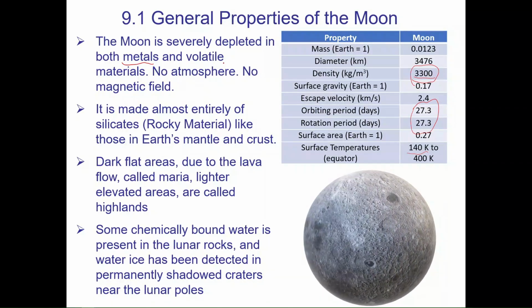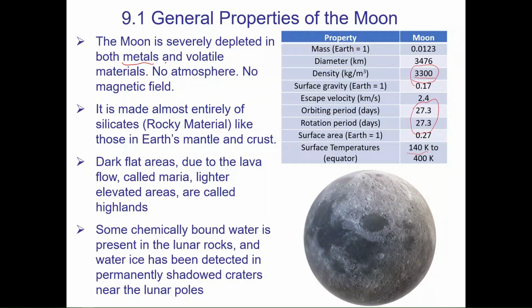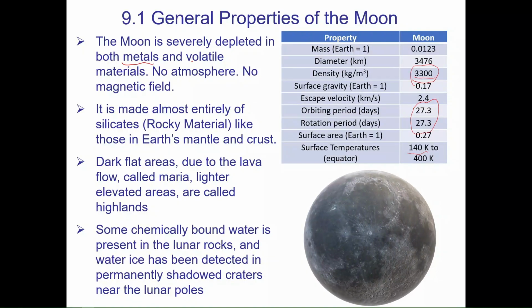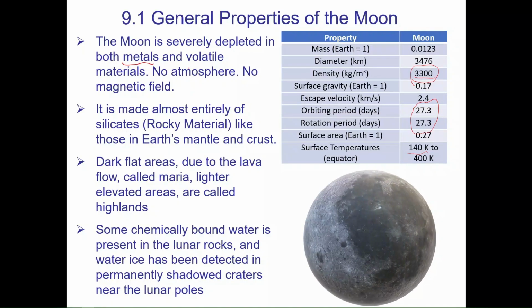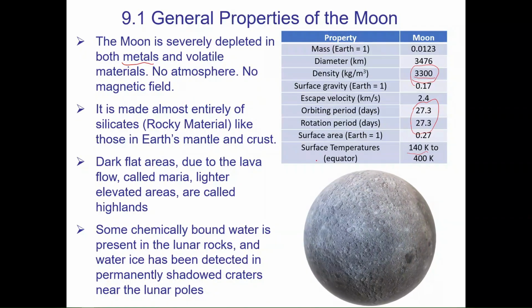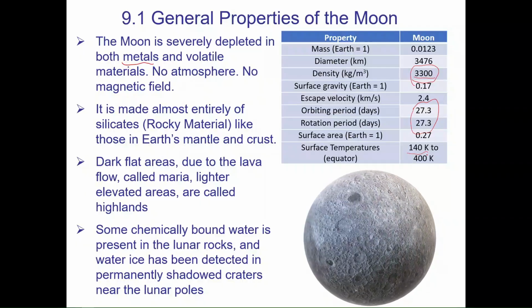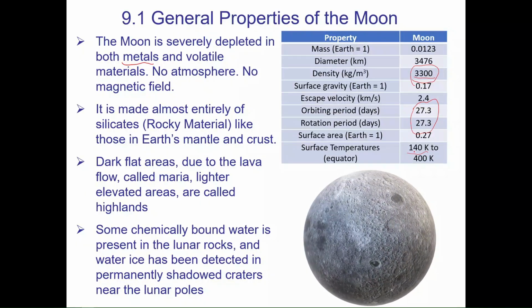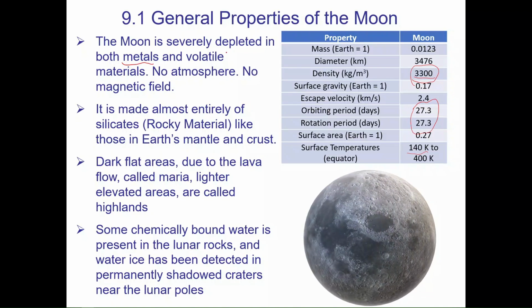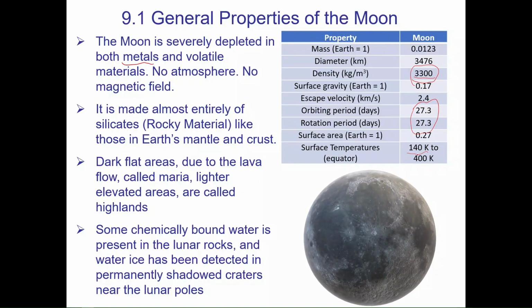Volatile material represents the material that can evaporate at low temperature, for example oxygen, nitrogen, or water. You can imagine the surface temperature of the moon is extremely cold during the cold period of the time, so a lot of material will basically freeze.